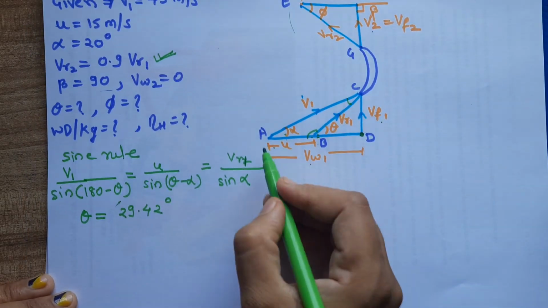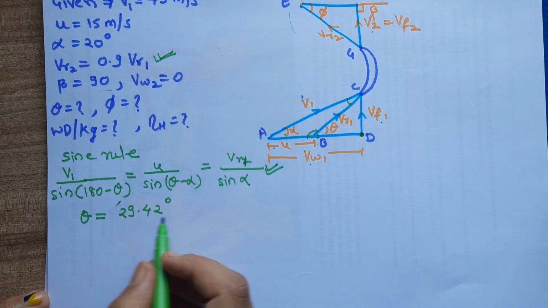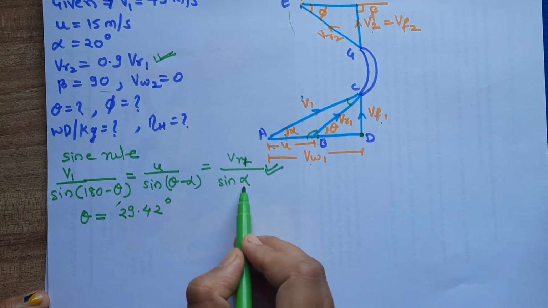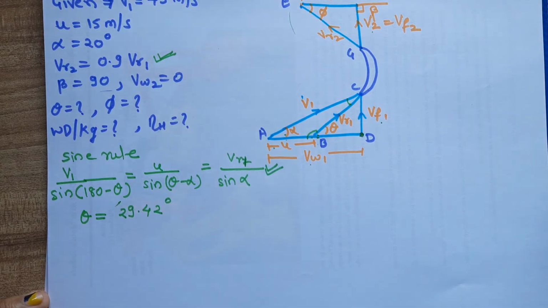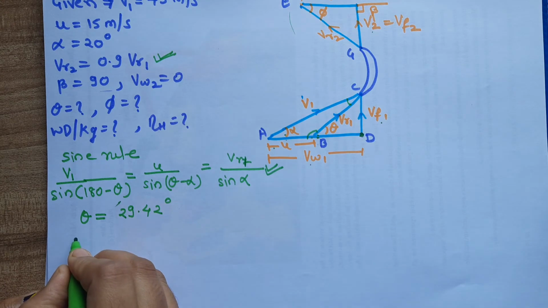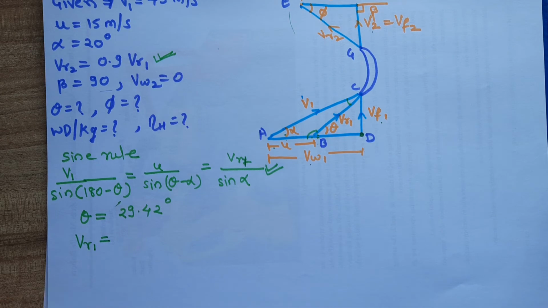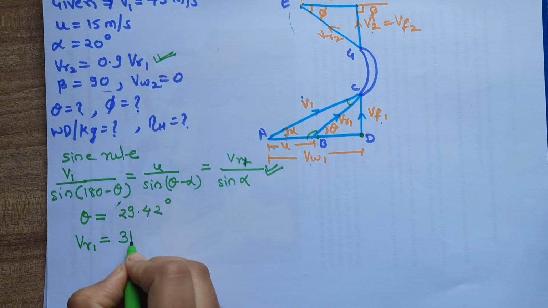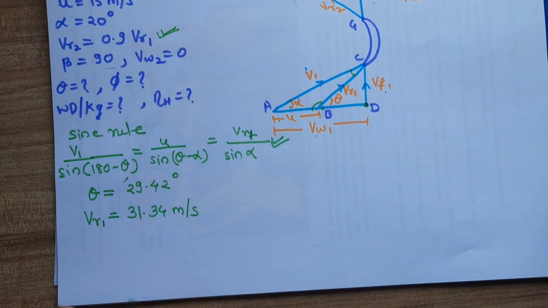For that we can use this equation, and from here now we know alpha, we know theta as well as phi and U. So we can find VR1 from here, and its value is equal to 31.34 meter per second.